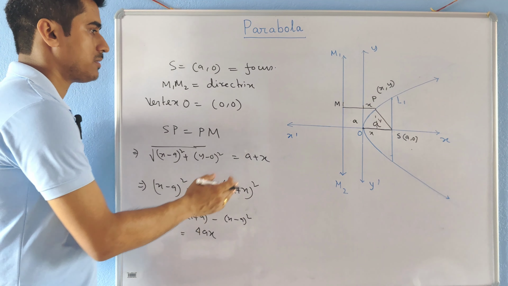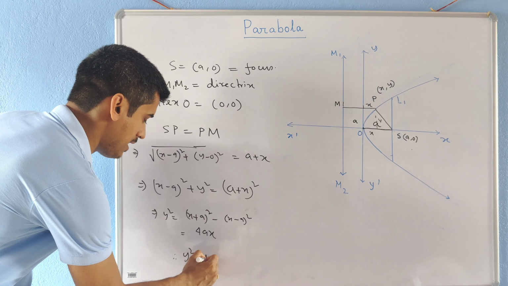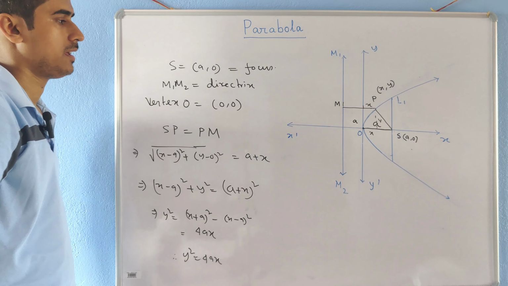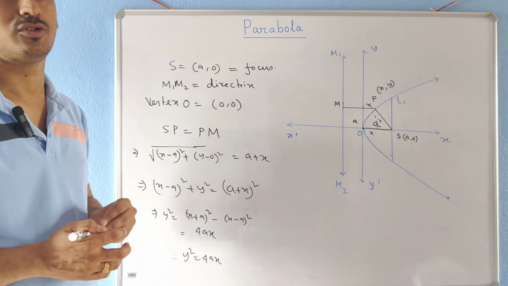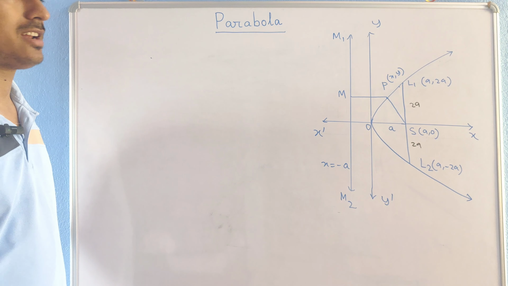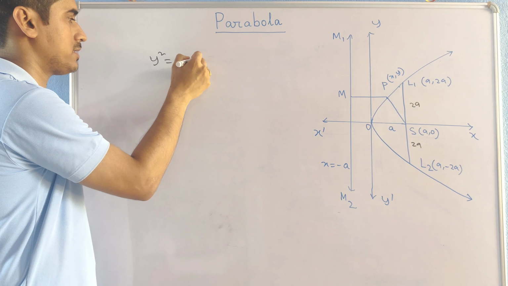So we get the equation of the parabola as y square equals 4ax. So this type of parabola has the equation y square equals 4ax.